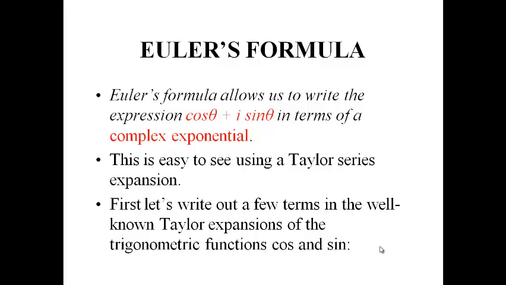Here there is an important formula called Euler's formula, that is, cos theta plus i sin theta in terms of a complex exponential. This is easy to derive using a Taylor series expansion. First, let's write out a few terms in the well-known Taylor expansions of the trigonometric functions cos and sin.